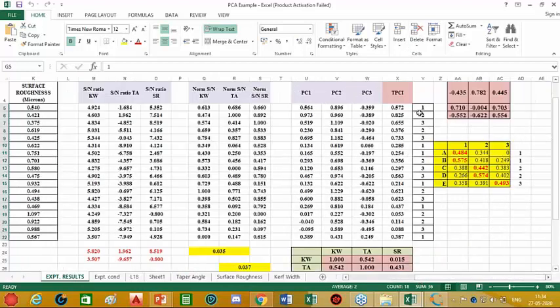Suppose we want to find out the value at level 3 for the last factor. We consider the total principal component index at level 3 across all 3 levels, and then we take the average.